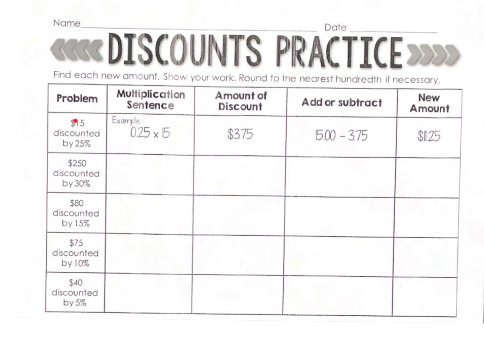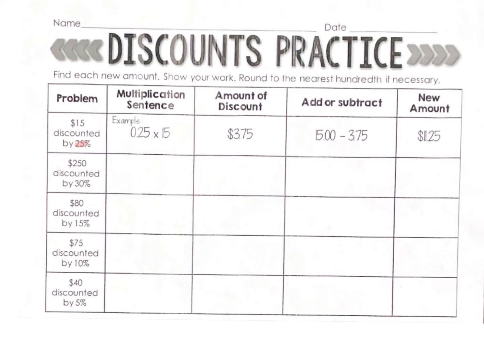We have $15 discounted by 25%. Well, our first thing is to do our percent equation. So here we have 0.25 times 15. Well, 0.25, we have that because that's our percent, 25%. And remember, percent means out of 100.